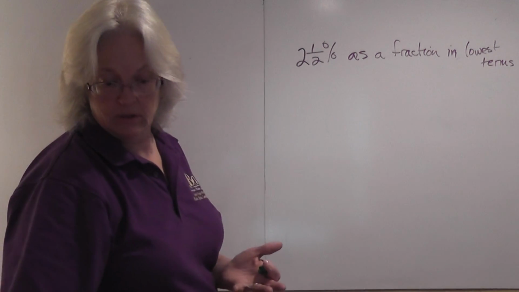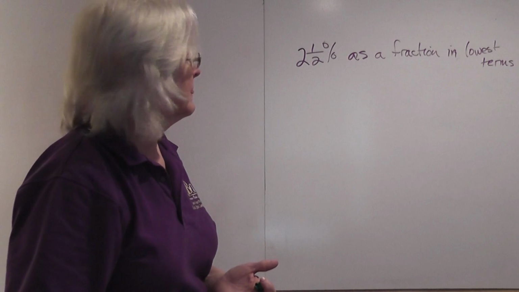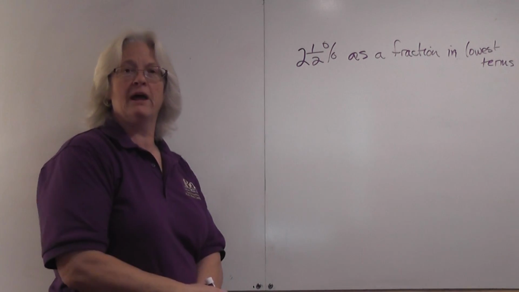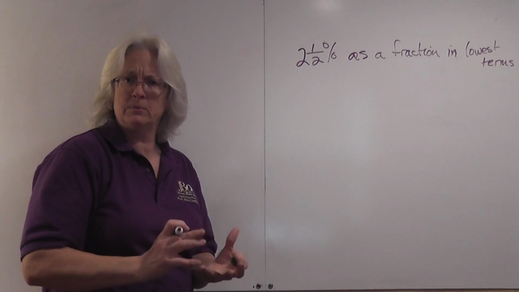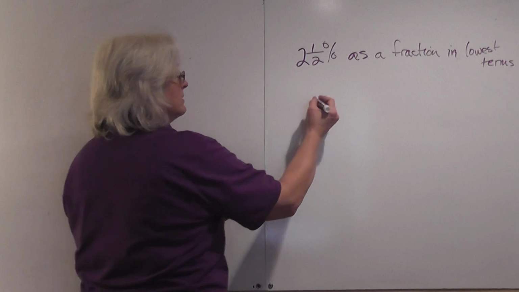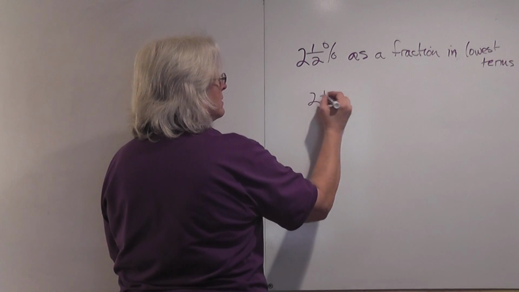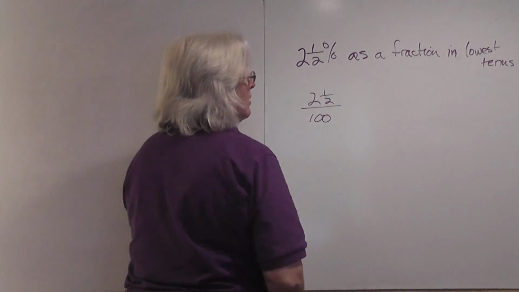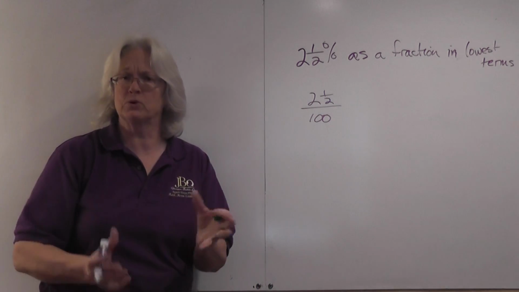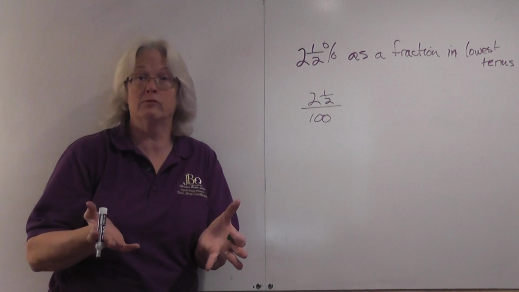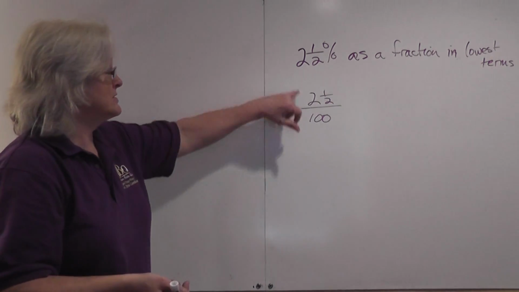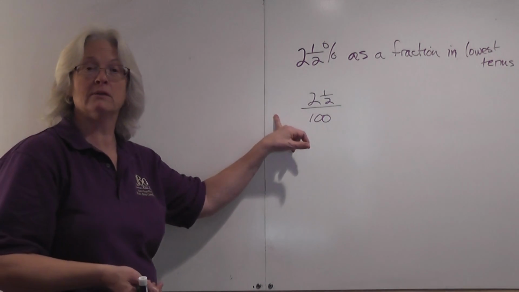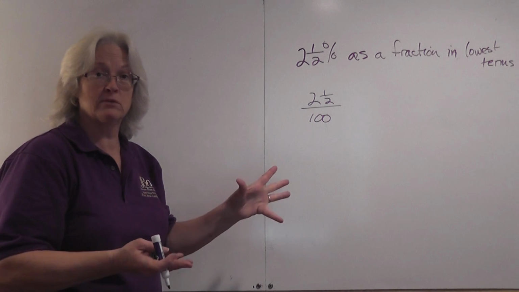How are we going to deal with this? Well, what does 2.5% actually mean? Well, it means 2.5 over 100, because percent means per 100, right? Now, is this a proper way to write a fraction?